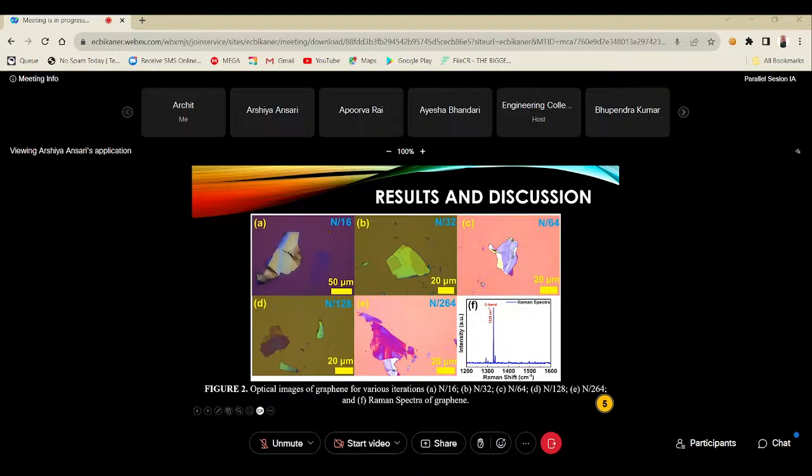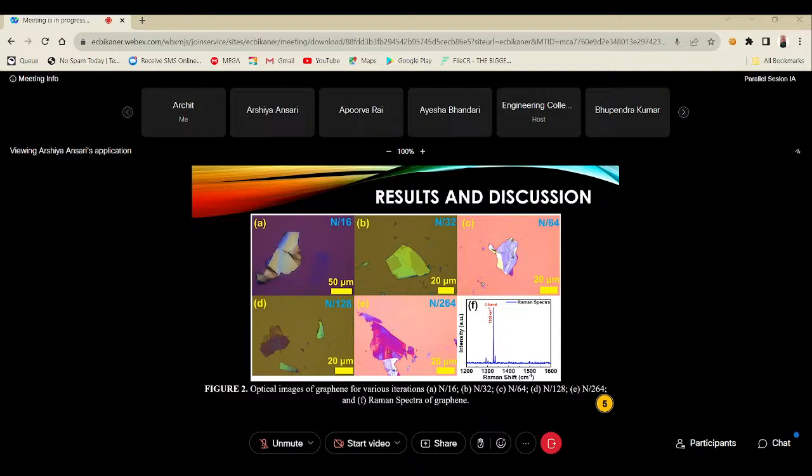By doing it 16 times, we get this kind of image, as we can see in A, and this graphene is not yet very thin because there is no transparency. So we again do exfoliation, and now it becomes a little bit transparent. As we do more and more iterations, the transparency increases. Finally, at N by 264, we see a transparent layer of graphene in this optical image.